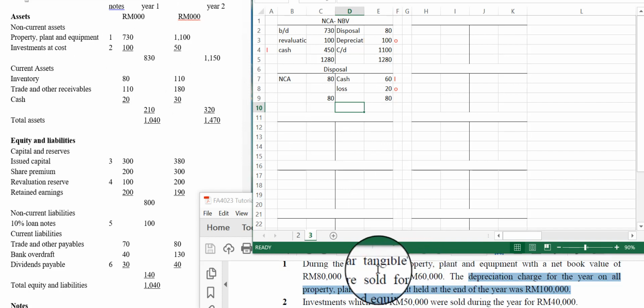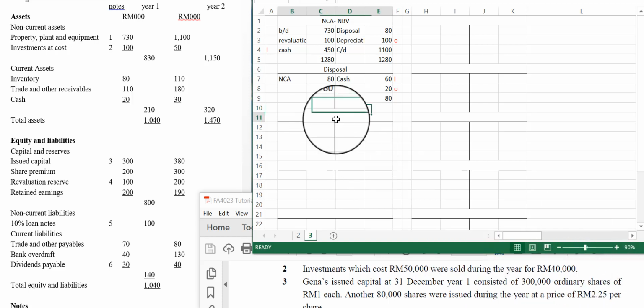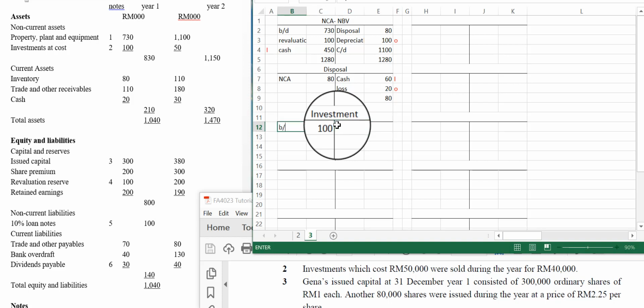Then we go on with number 2: an investment which cost 50,000 was sold for 40,000 during the year. So if you look here, you have an investment. Since this is your asset, opening is always on the debit side. Opening is 100 BD, then the question says closing CD becomes 50. So during the year, you have a disposal of 50.